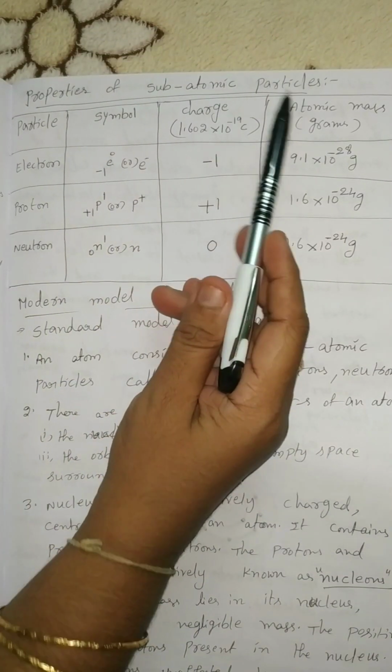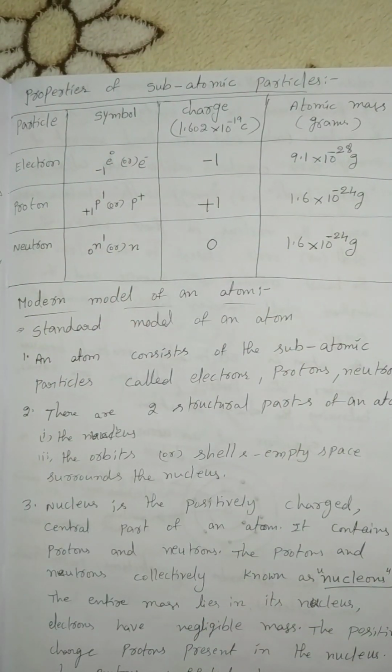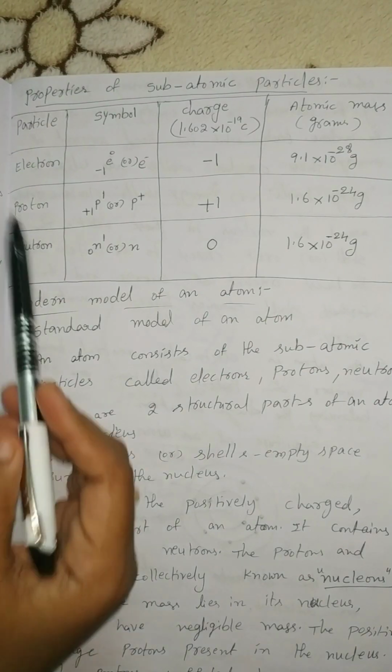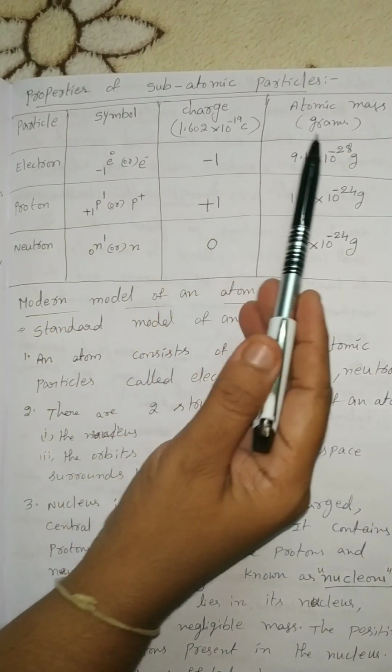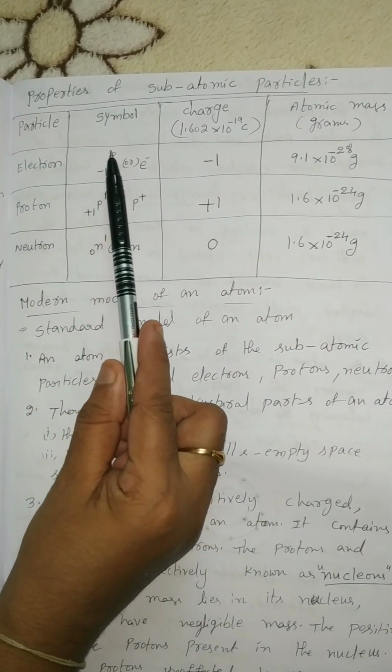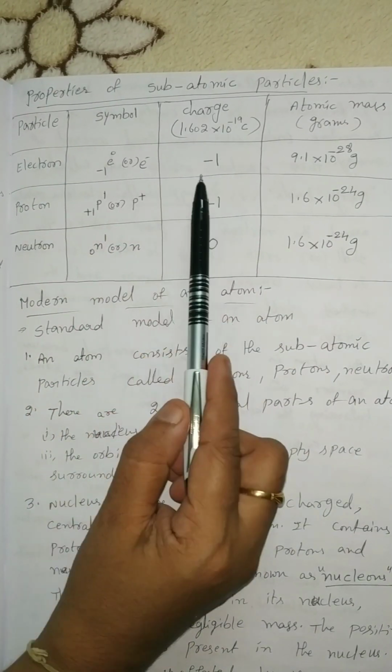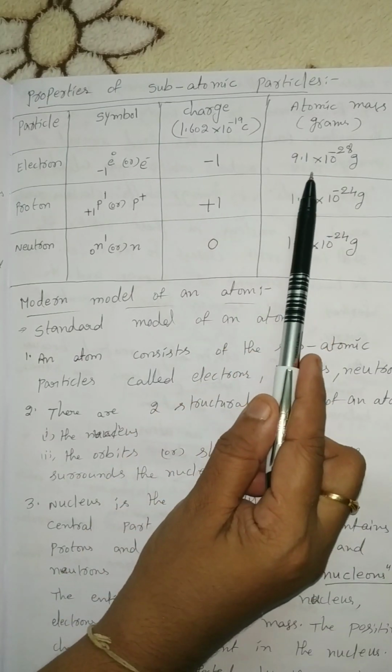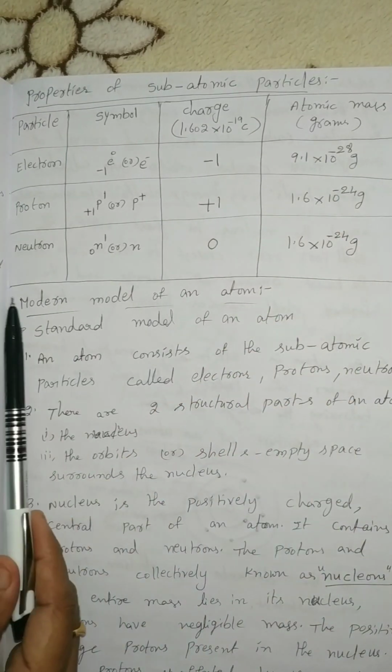Properties of subatomic particles. Subatomic particles means electrons, protons, neutrons. This is the particle, symbol, charge, atomic mass. Electron, symbol -1, e, 0. So charge -1, atomic mass 9.1 into 10 to the power of minus 28 grams.